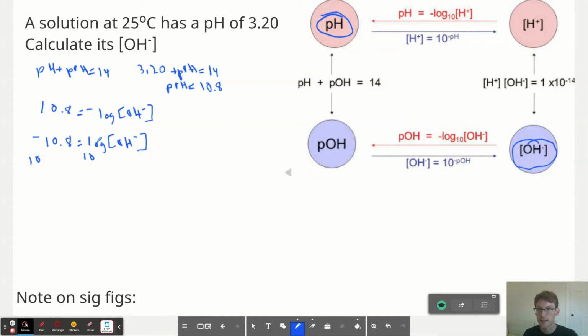And when I do the 10 to the log, I actually undo it. It's like multiplying and dividing, they're inverse operations. So I get concentration of OH minus is equal to 10 to the negative 10.8, which is equal to 6.31 times 10 to the negative fourth.